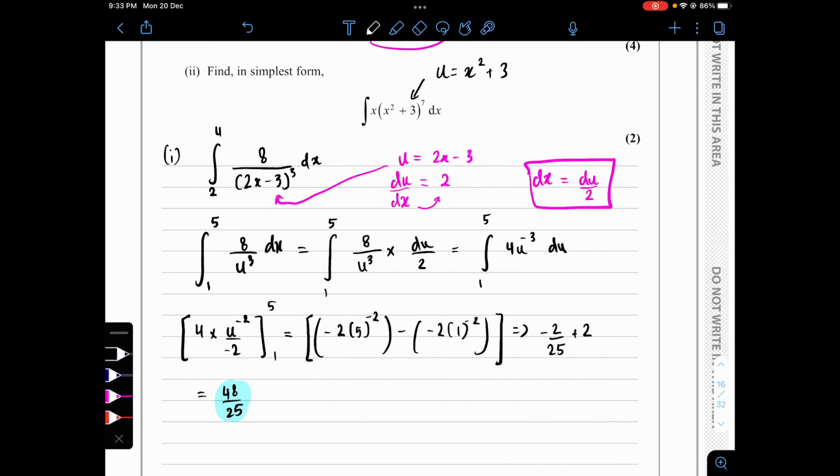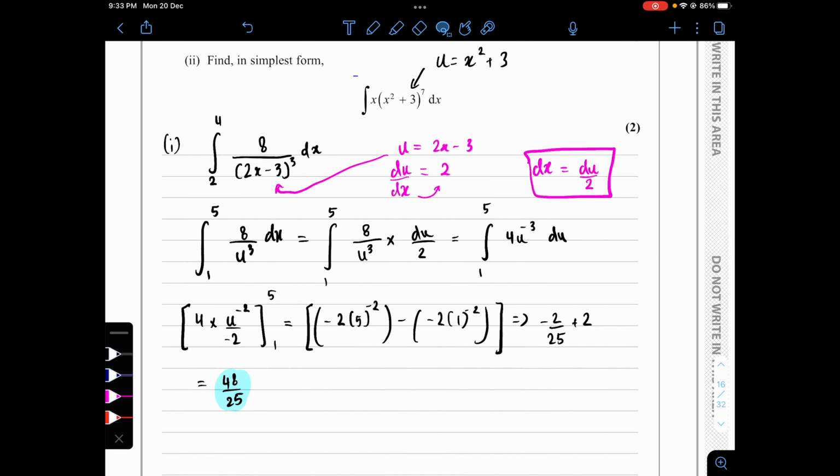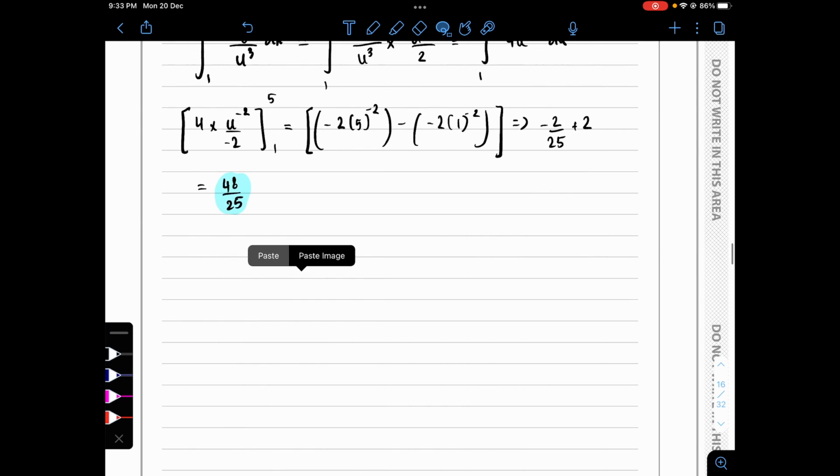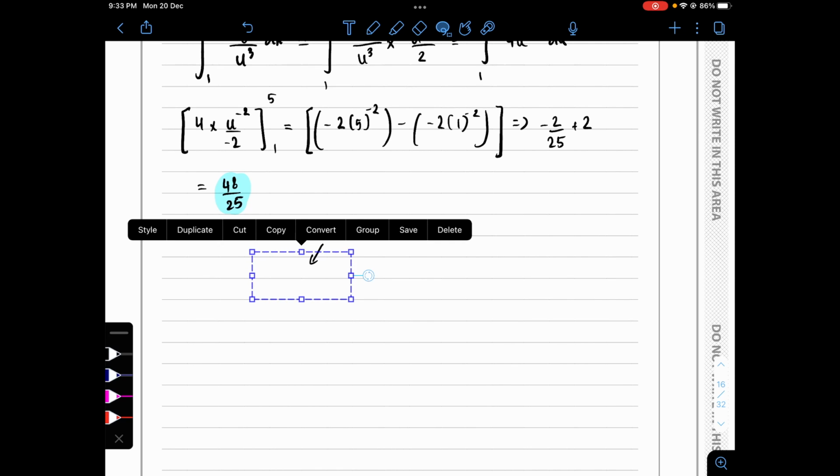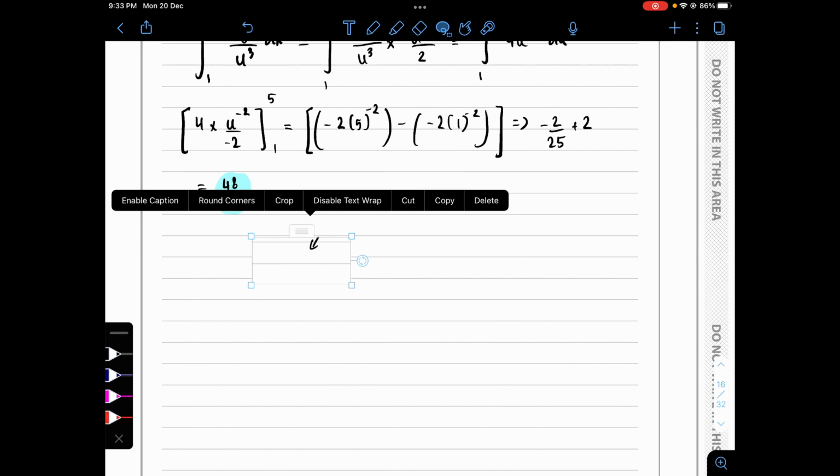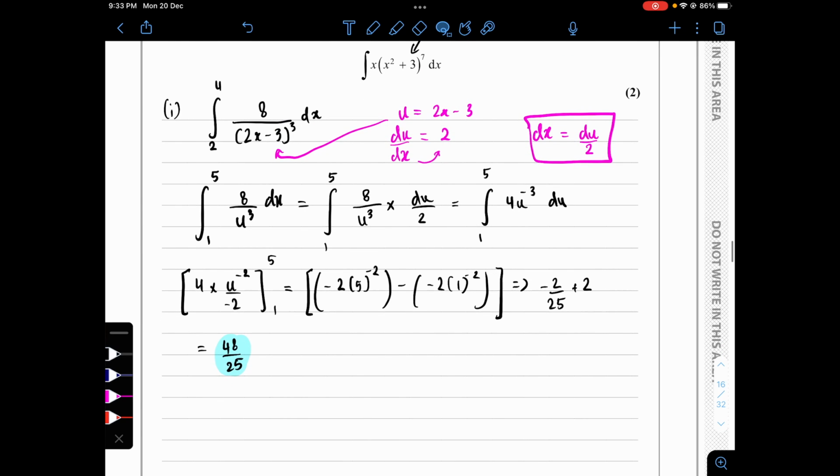So let's do that. Alright, so we can just try to remember it then. It's part C. It's the integration of x times x squared plus 3 to the power 7 dx.